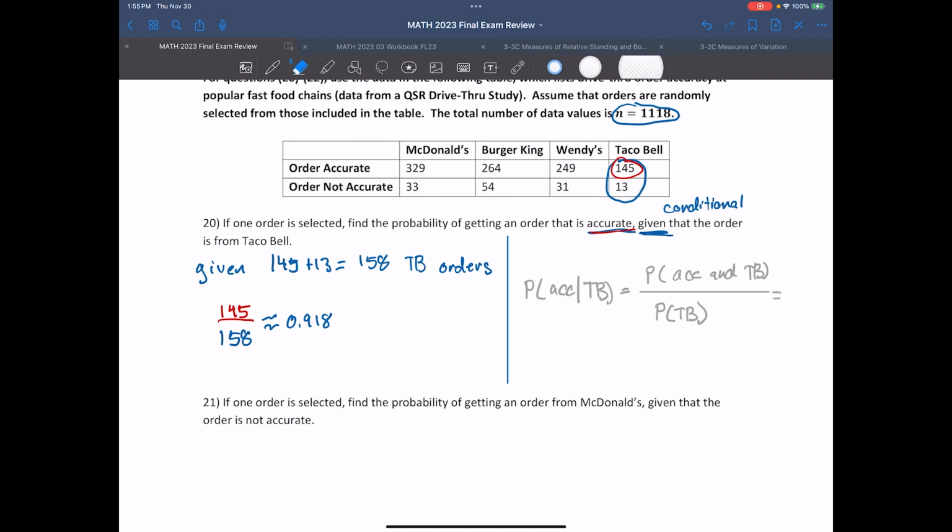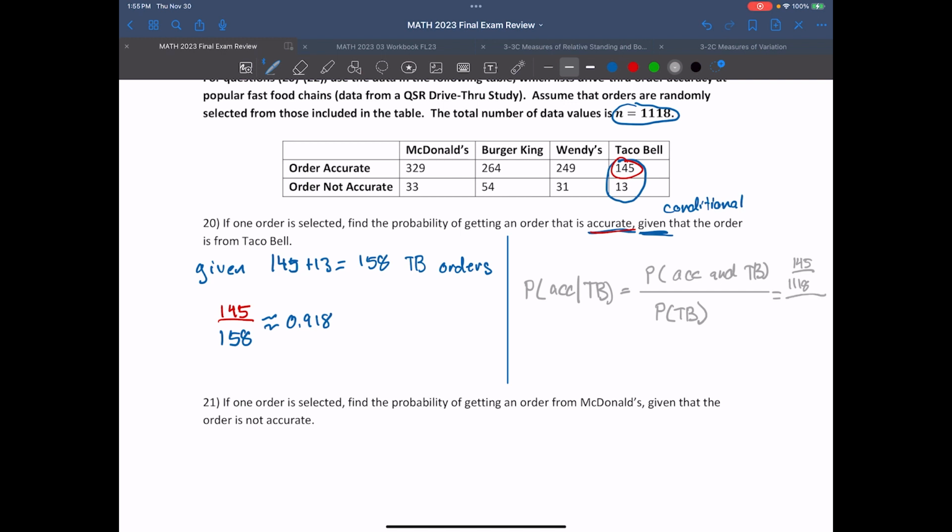So in this case, we have the accurate order. So it's 145 divided by... how many accurate orders from Taco Bell? 145 out of the total 1,118. Notice that top probability is looking at the full probability space, all of n.